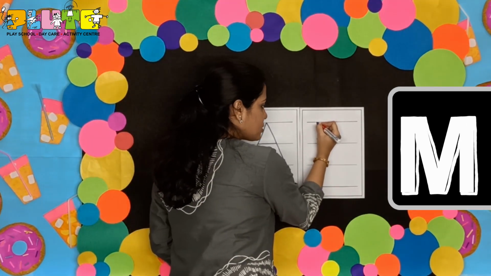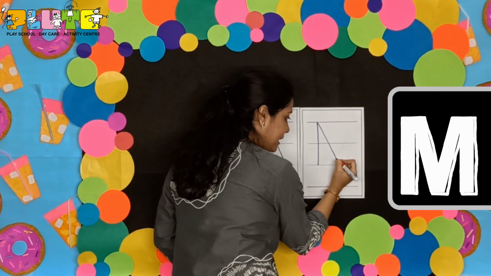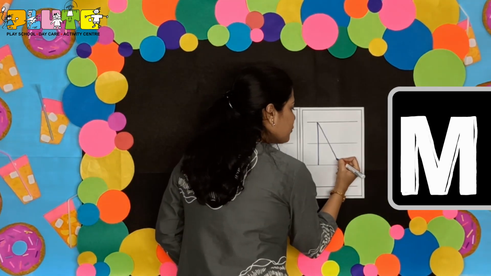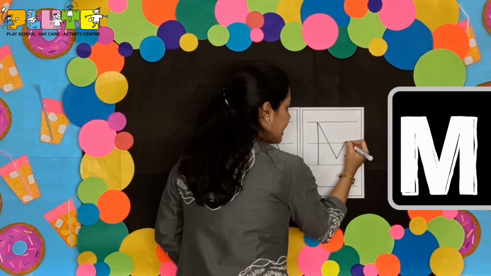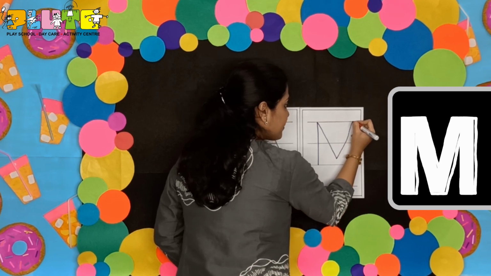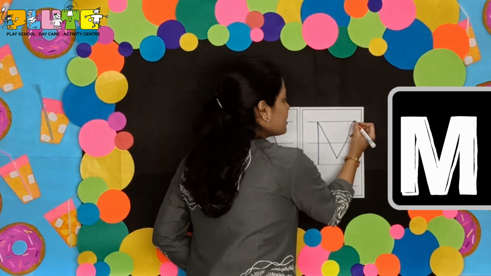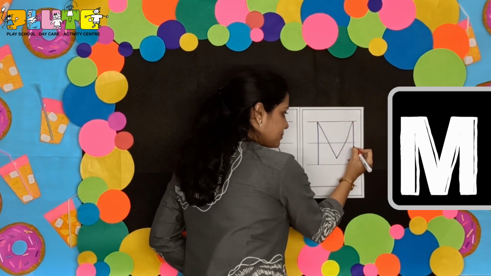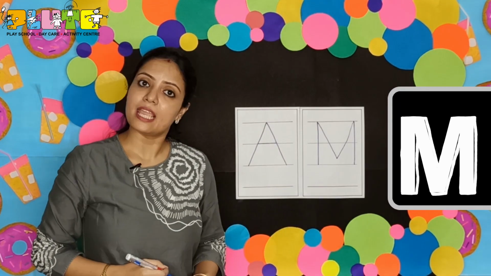Okay, slowly I'll go down, crossing the second line up to this. Then again I will move up. I will draw the slanting line in upward direction till the first line. And then I will draw the standing line from this same point till the third line. So children, this is M.